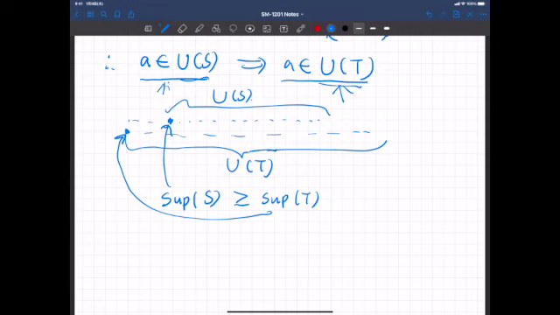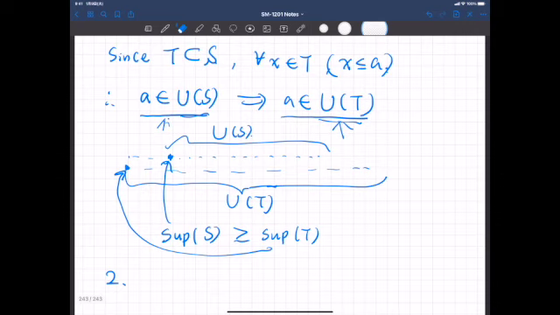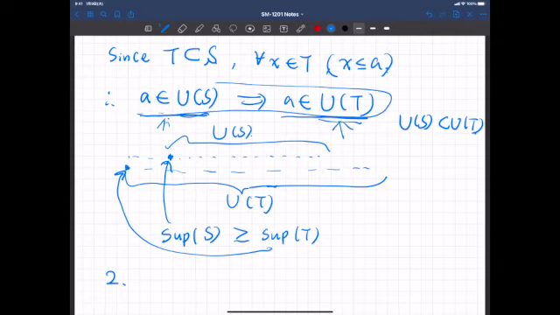So second part, okay, maybe I should write here. So U of S is a subset of U of T. I mean, this is the definition of subset. So every element of U of S is an element of U of T. So that means this is a subset of this.